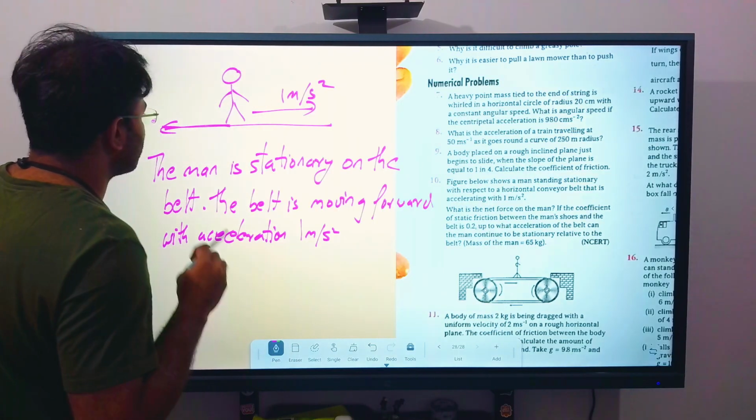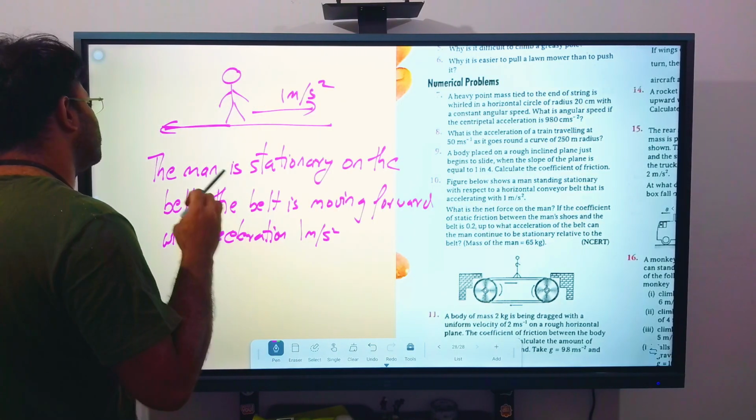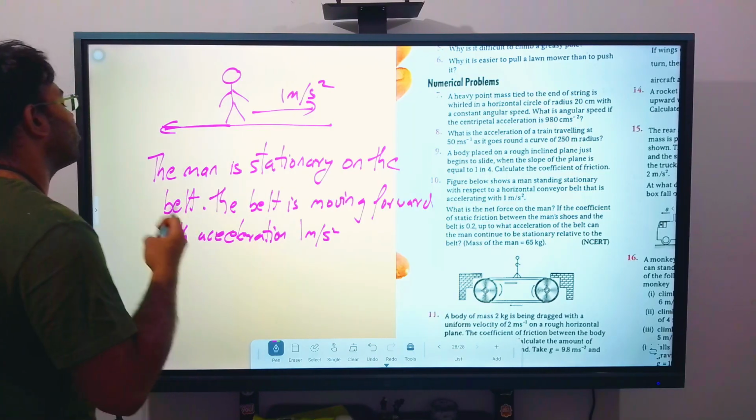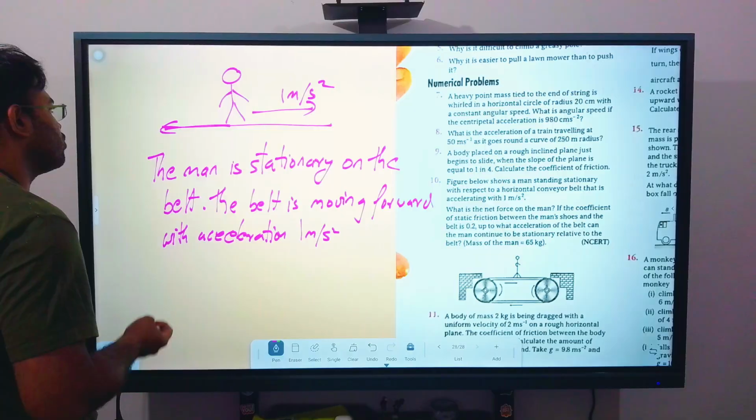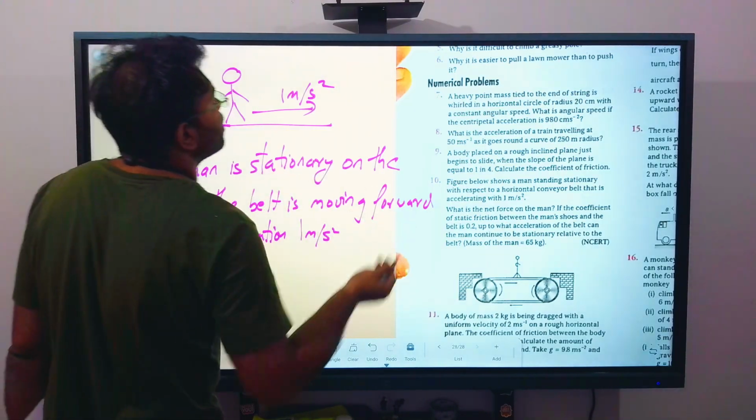Okay, so the man is stationary on the belt. The belt is moving forward with an acceleration of 1 meter per second squared. So the overall acceleration should be 1 meter per second squared, right?